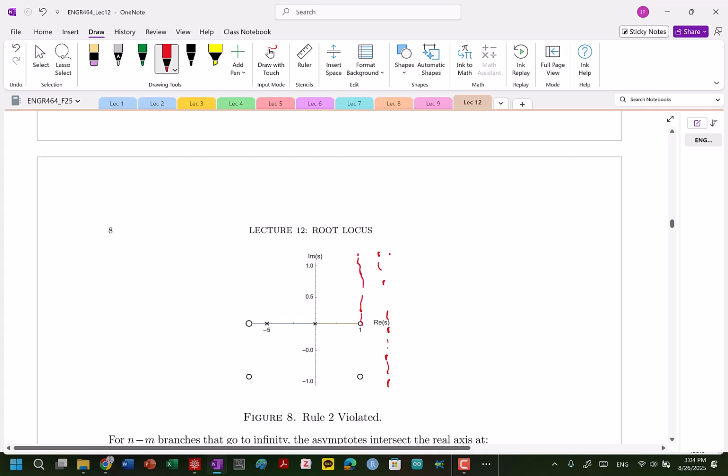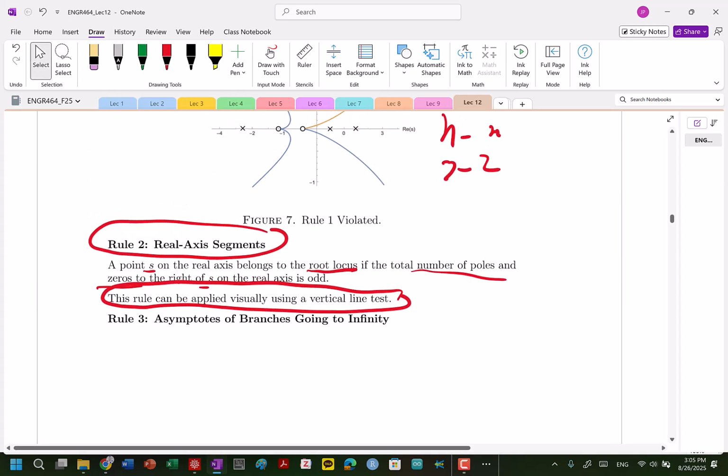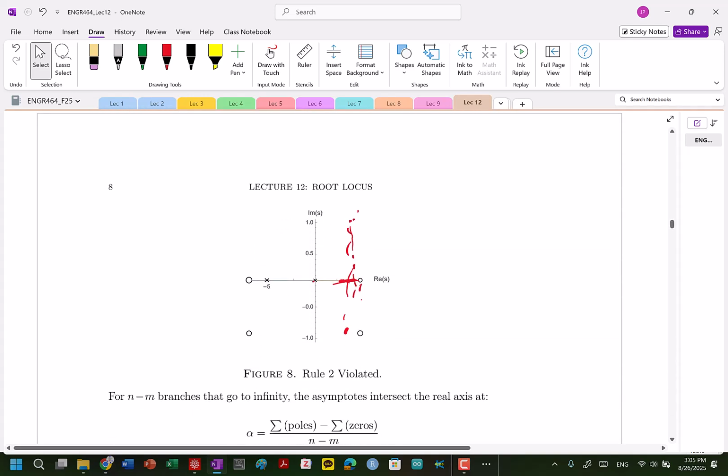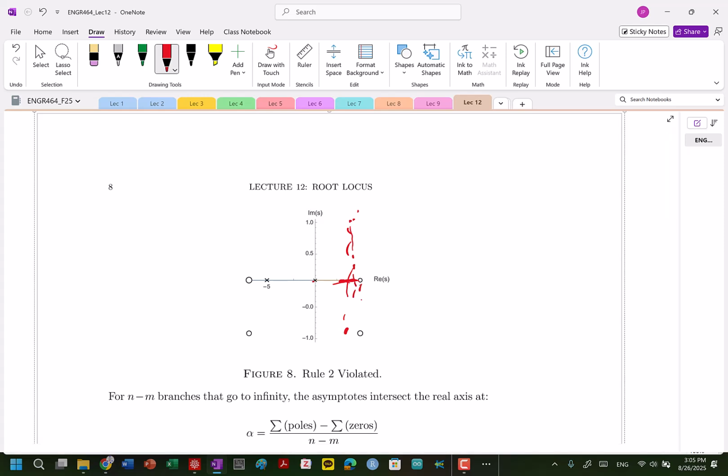If I draw a point right here, should the root locus travel on this axis? No, because the total number of poles to the right on the real axis here is 2, which is even. So this should not be on the locus. That's a rule 2 violation, and it is really critical.